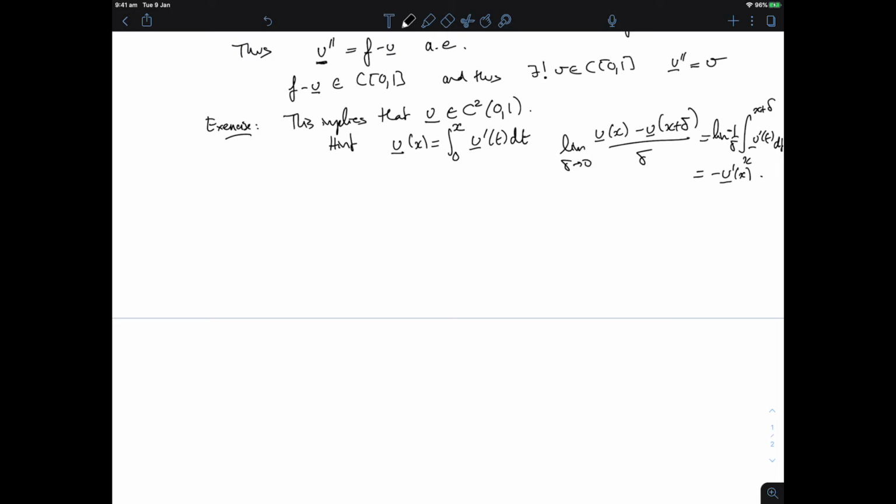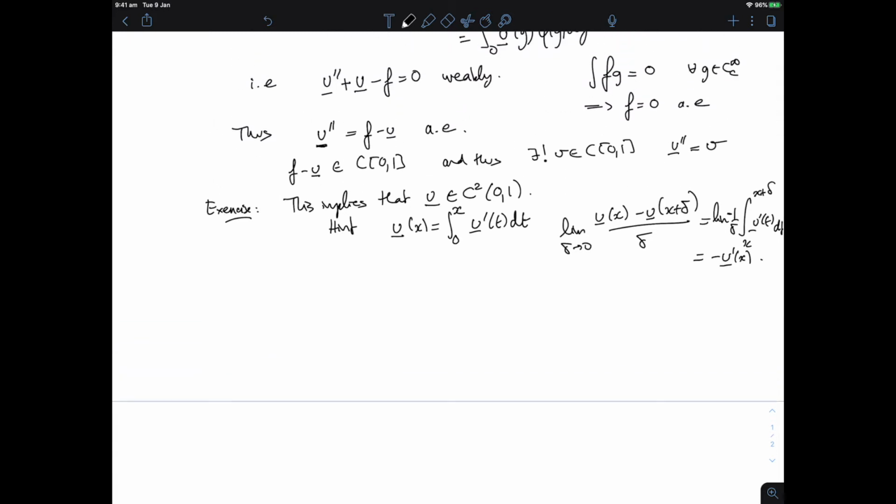All right, so my u has to be C2 because it satisfies the equation, and therefore we have this weak second derivative equal to a continuous function. So the weak second derivative is continuous, and if the weak second derivative is continuous, then the function itself is C2. Right, and now what have we got then? We have that this equality now holds almost everywhere.